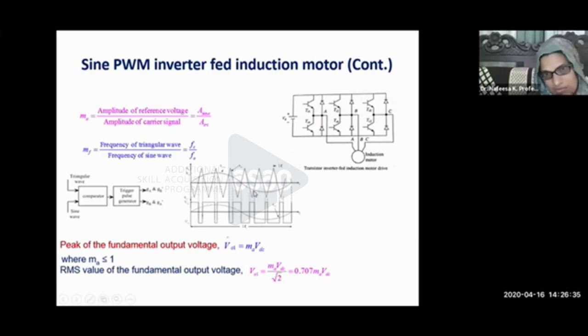If you consider this part, the reference wave is less than the triangular wave, so we will get minus VDC. From this wave shape, this part has more positive values and this part has more negative values. So when we draw the fundamental waveform, you will get a sine wave like this. This is the concept behind PWM.